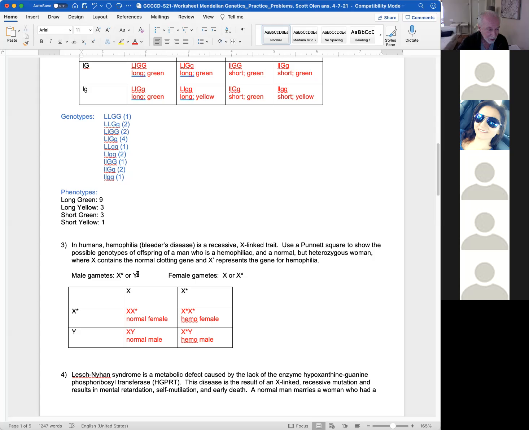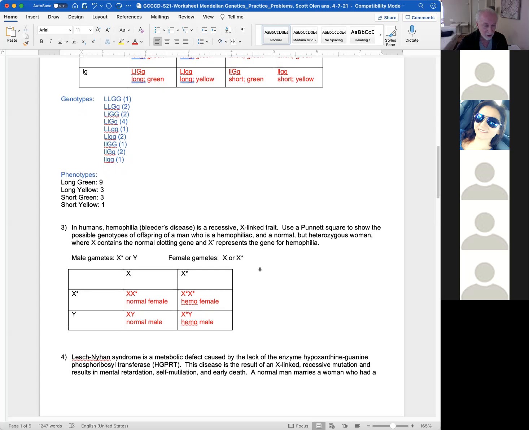And since hemophilia is X-linked, we know that he has a mutation on his X. So the gametes that a man can produce are X star and Y. Now the female is XX, and it says that she is heterozygous. So that means that she has one normal X and one mutant X, X star.